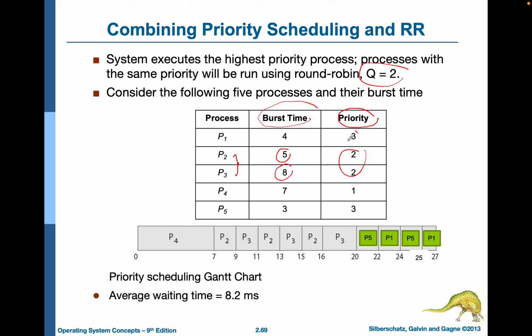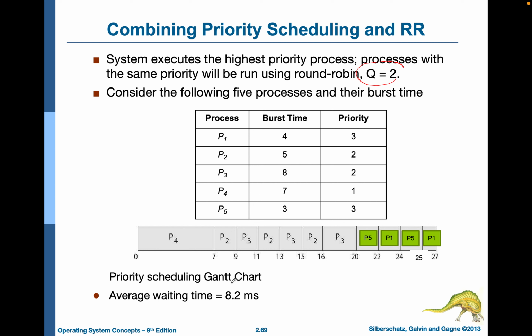After that, similar priority again, so you do the burst time again. Which one is the smallest? The smallest will be P5 and then P1. But you're going to see it will continue later on because there is an interrupt. You have the quantum too.